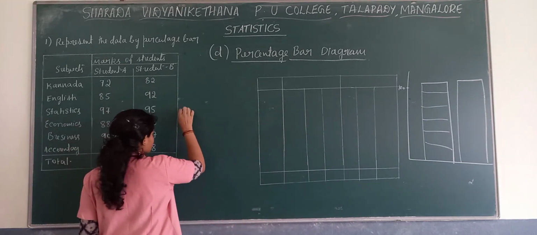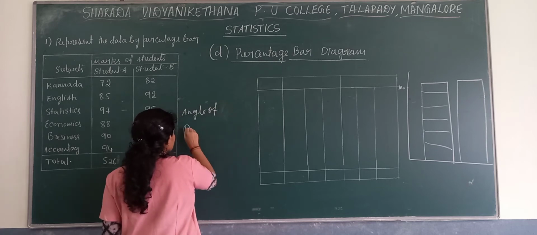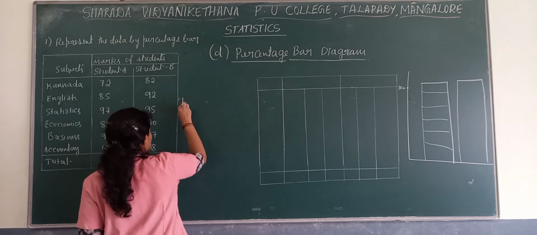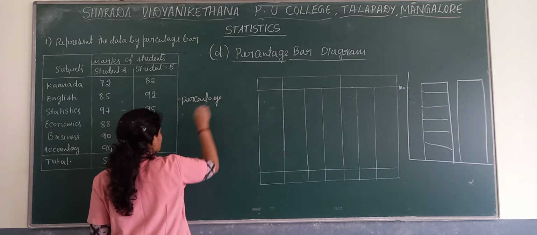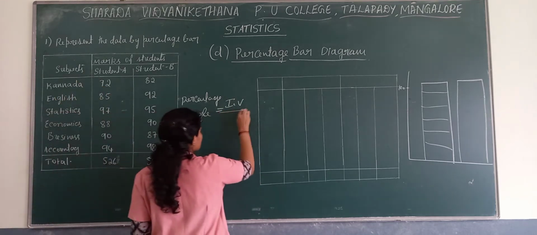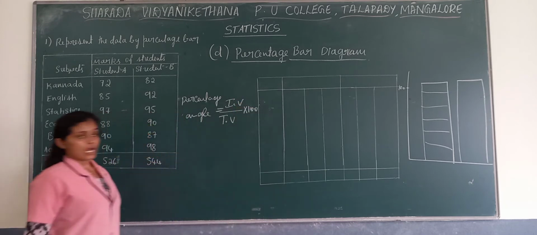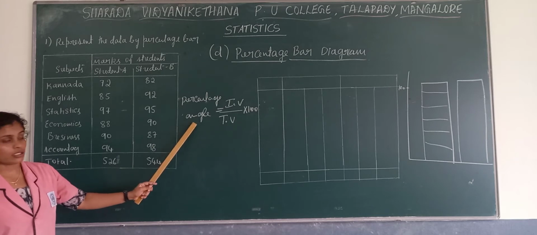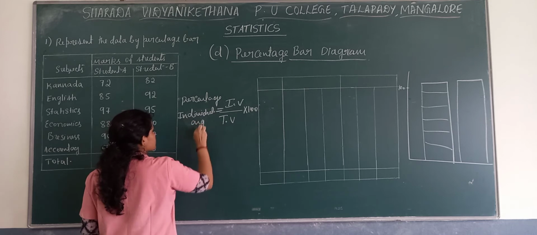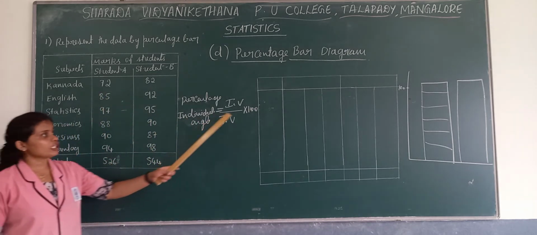That formula goes like this: the percentage of individual angle is equal to individual value divided by total value into 100. For example, individual value 72 divided by total value 526 into 100.